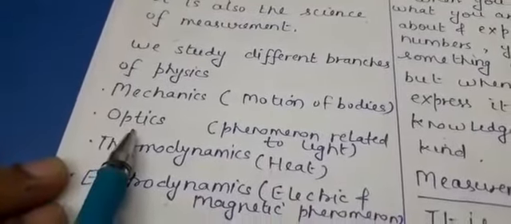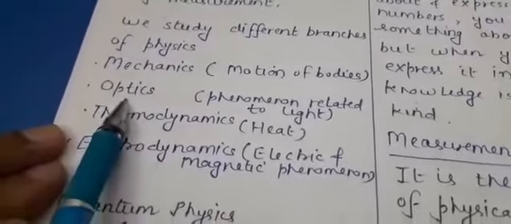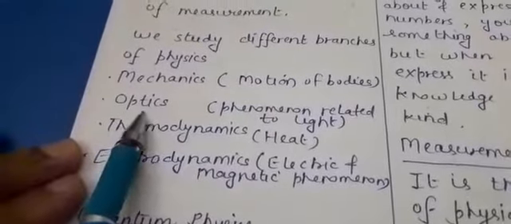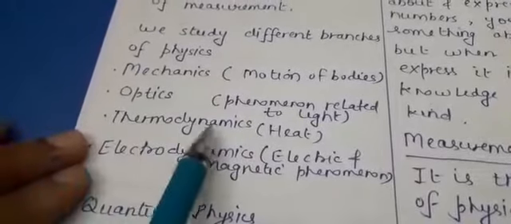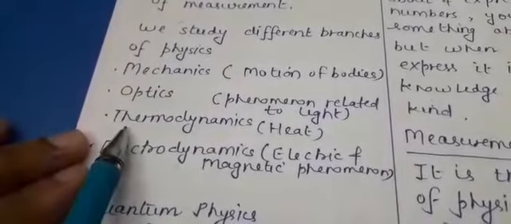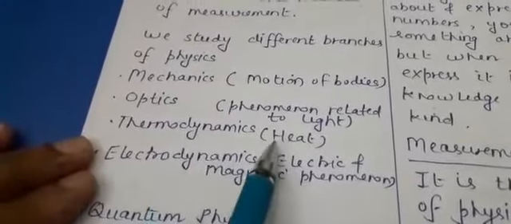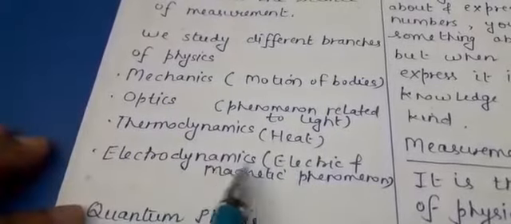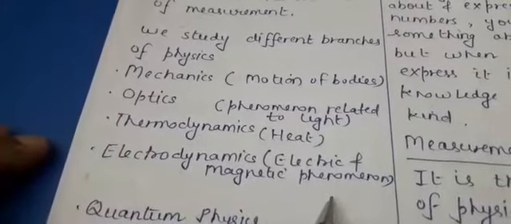Optics: you have studied optics in class 10, where you studied light, reflection, refraction, scattering, that means phenomena related to light. Thermodynamics: thermal, heat, temperature, a branch of physics dealing with heat and temperature. Electrodynamics: electric and magnetic phenomena related to charges.